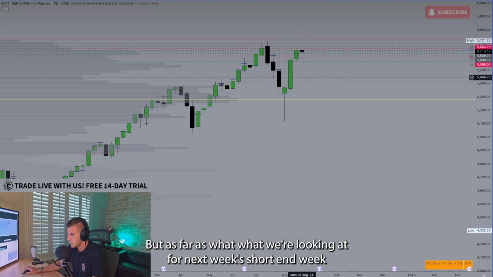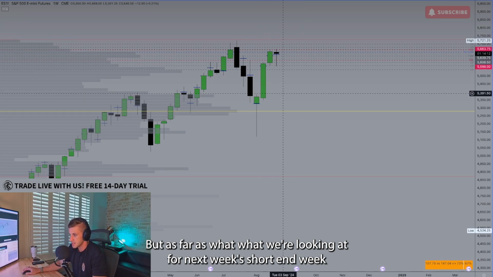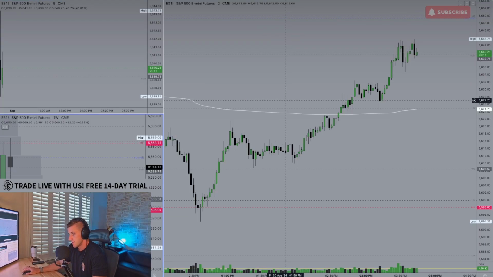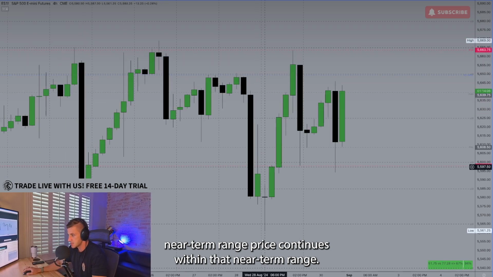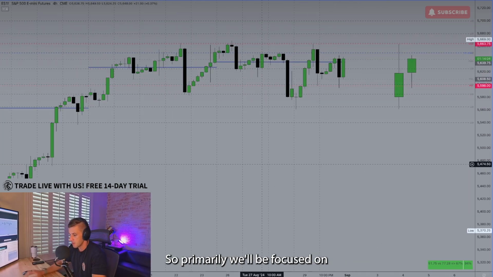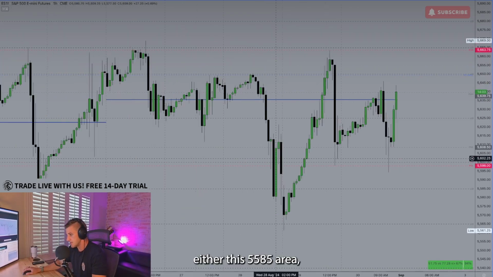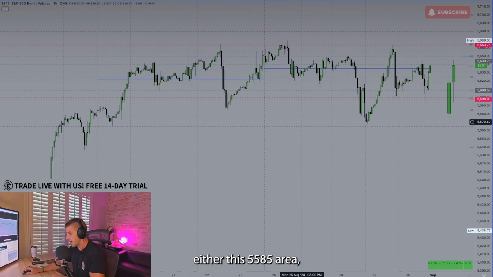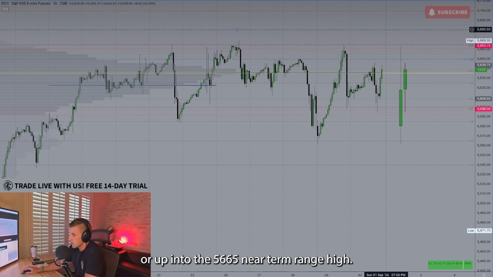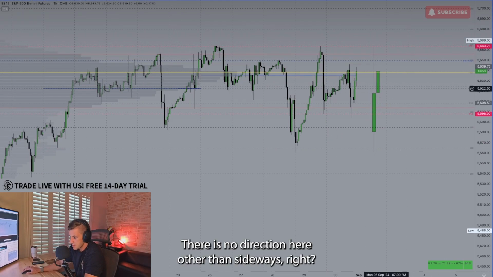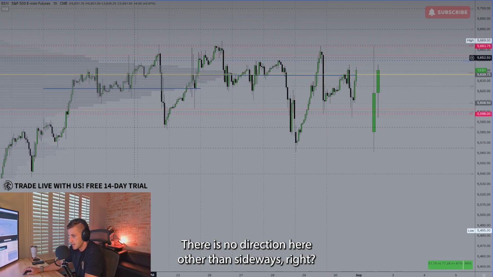Right. But as far as what we're looking at for next week's shortened week, just near-term range. Price continues within that near-term range. So primarily we'll be focused on either this 5585 area, 5565 area, near-term range low, or up into the 5665 near-term range high. There is no direction here other than sideways. Right?